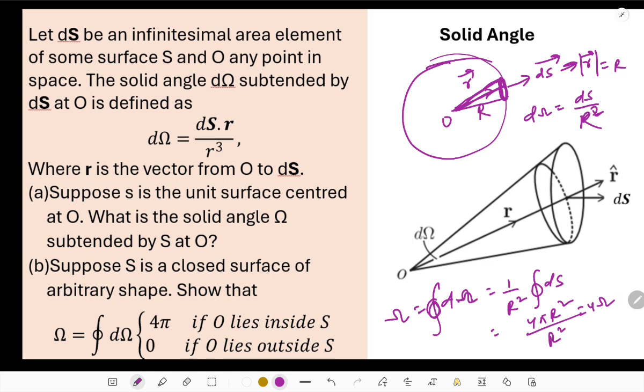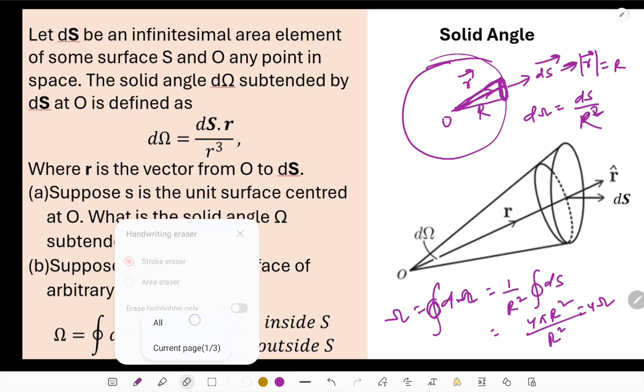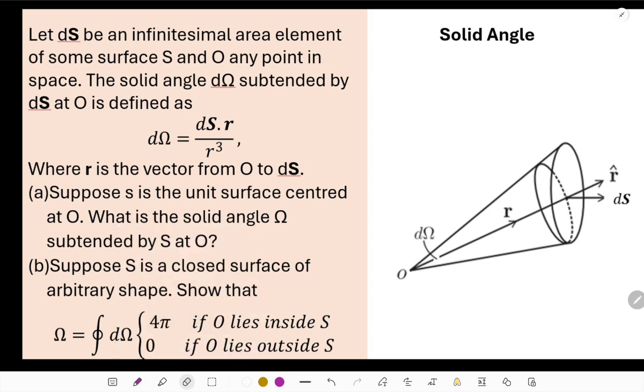Or if you don't want to bother about these things, in case of spherical surfaces you can simply write the solid angle subtended by a spherical surface as surface area divided by the radius squared, and you will get your value as 4 pi.